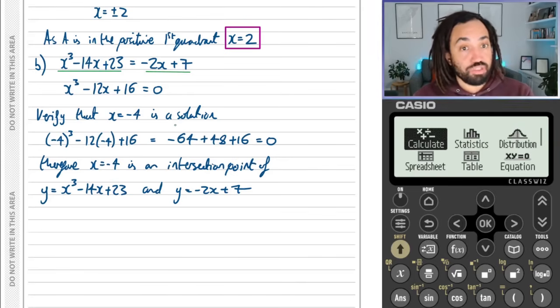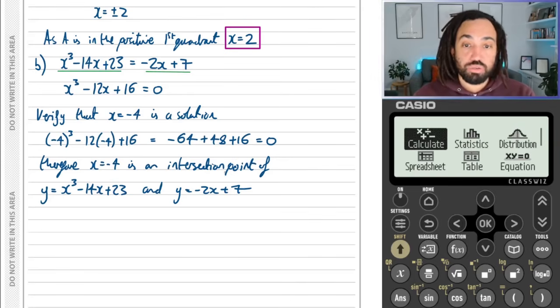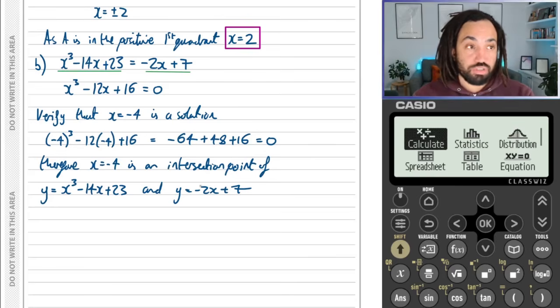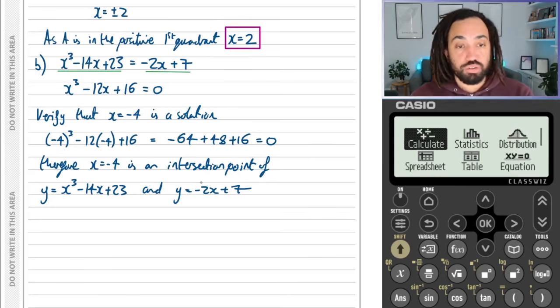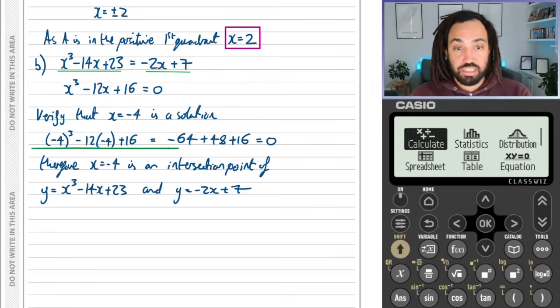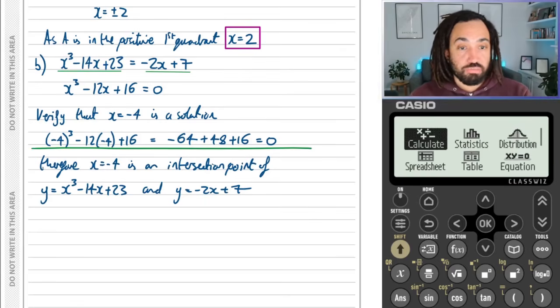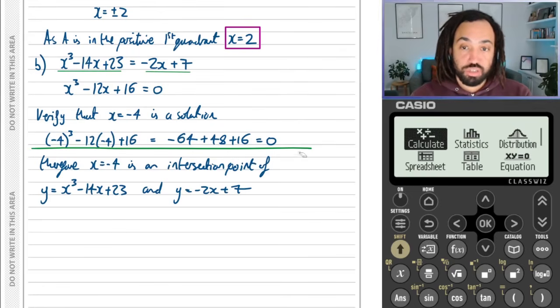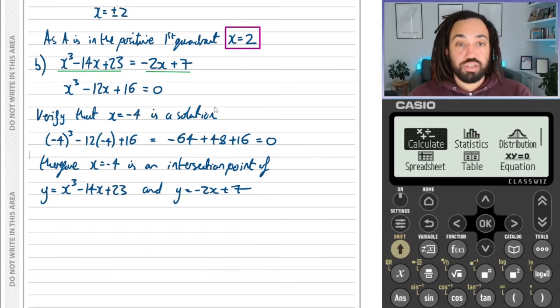That's another way of solving this question. But also it's important, you do need a conclusionary point. There is a mark for the conclusion, so you can't just leave it at that point there, you must write this conclusion here. Therefore, x equals minus 4 is an intersection point of the two. Something along those lines. Okay, let's move on.